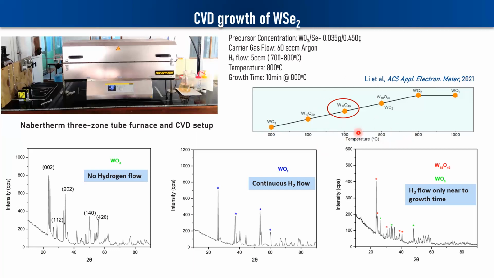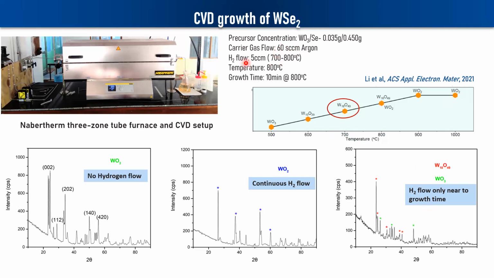So what we want to do is catch some of these intermediate species which are highly reactive. Especially W18O49 is a species that reacts with selenium and converts to WSe2. To get this, we have flown hydrogen only very near the growth time.